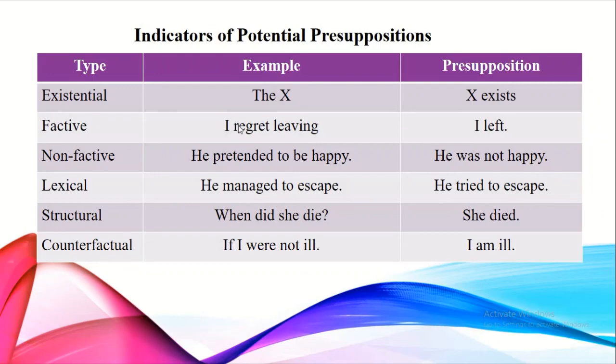Factive: "I regret leaving," and the fact is I left. Non-factive: "He pretended to be happy," and the fact is he wasn't happy. Lexical: "He managed to escape," and the presupposition is he tried to escape. Structural: "When did she die?" and the presupposition is she died. Counterfactual: "If I were not ill," the presupposition is I am not ill.